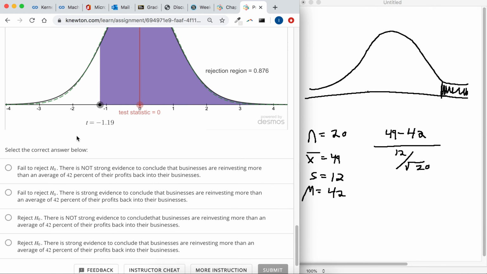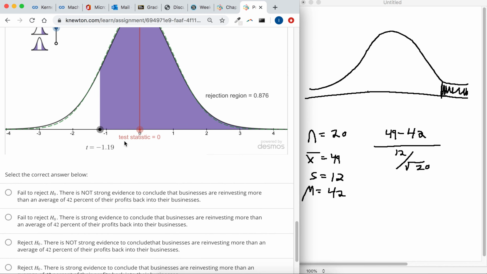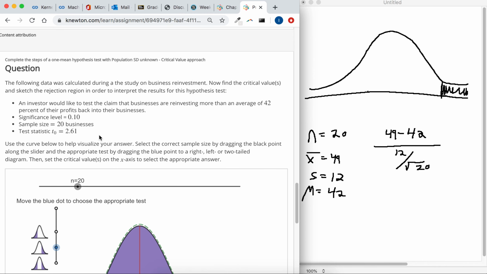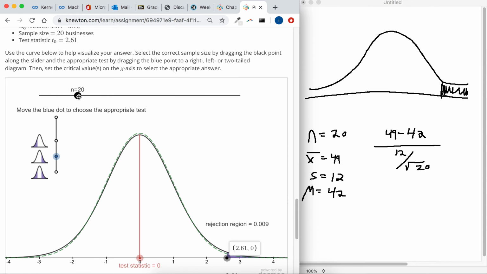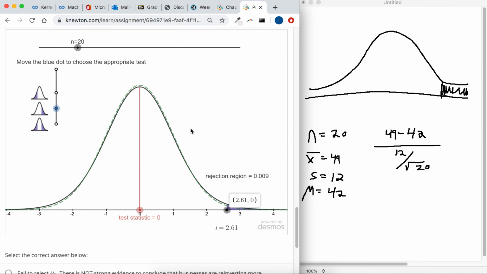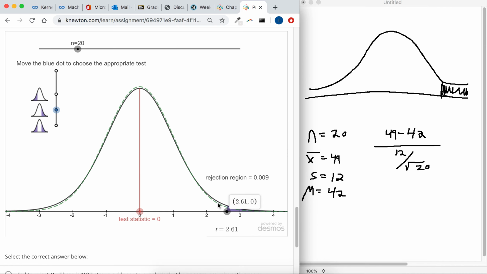And then our test statistic is not negative 1.19. We just got a test statistic of 2.61, so let's drag that over to 2.61. I'm nervous about this. There's 2.61, our test statistic. Oh no, I've got the wrong dragger.